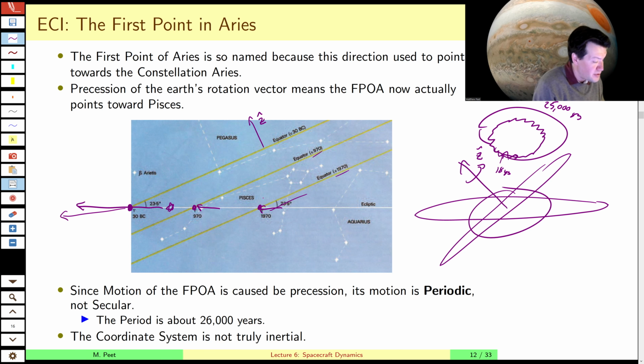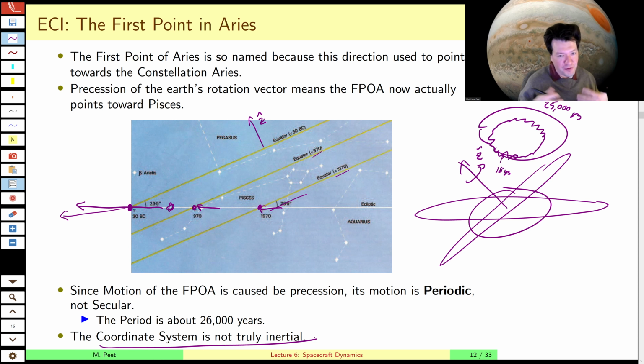But anyway, this is a coordinate system that's been used since essentially the time of Ptolemy. It's not the best coordinate system because it's not truly inertial and has been replaced, of course, in more recent times by much more reliable coordinate systems, which we'll talk about in a second. But as a first approximation, in this course, that's the only one we'll really be using, the Earth-Centered Inertial Coordinate System.